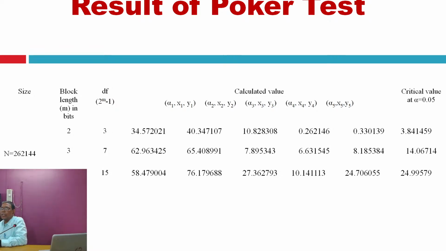What is the Poker test? There is a formula, so it's not showing. The formula is that you take, starting from 3 bits at a time, 4 bits at a time.